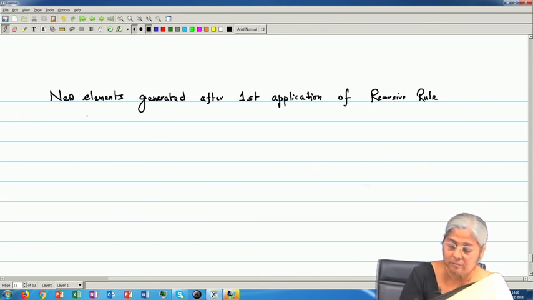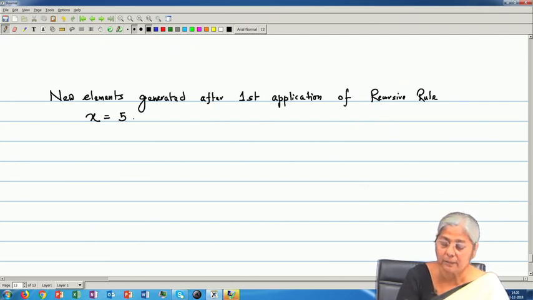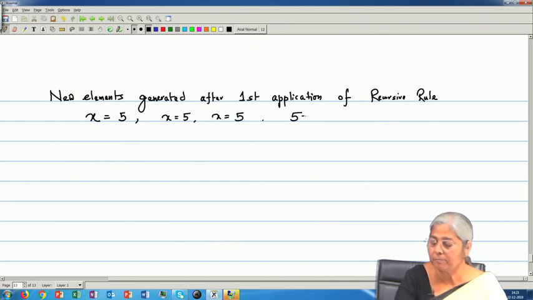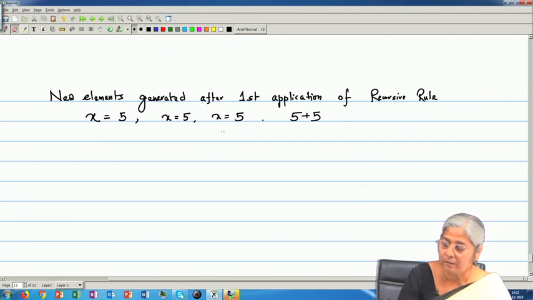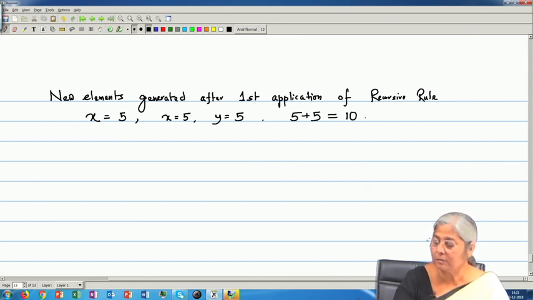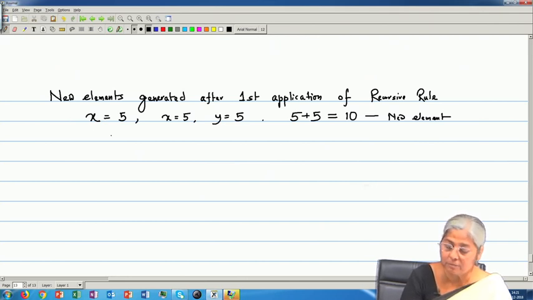Then x is here only 5, I have only one element. So, I can take x equal to 5, y is also 5. So, the newly generated element is 5 plus 5, which is 10. So, this is the new element. After the first application this becomes 5 and 10.